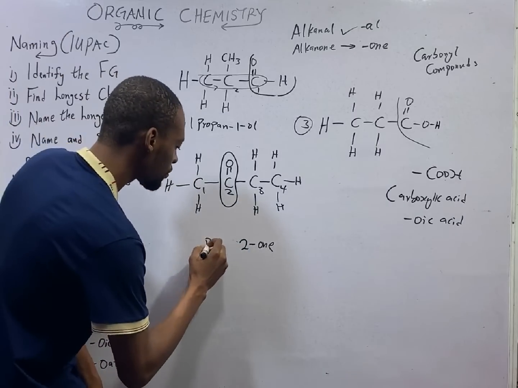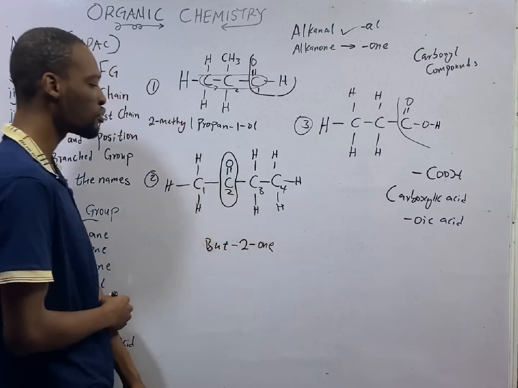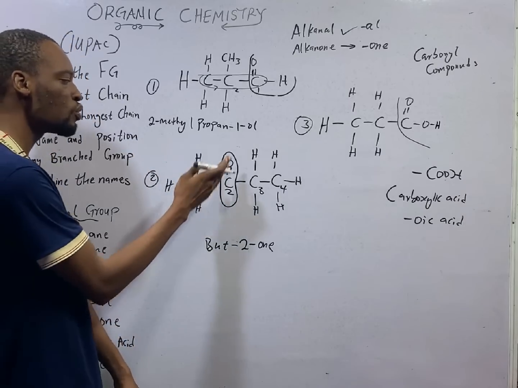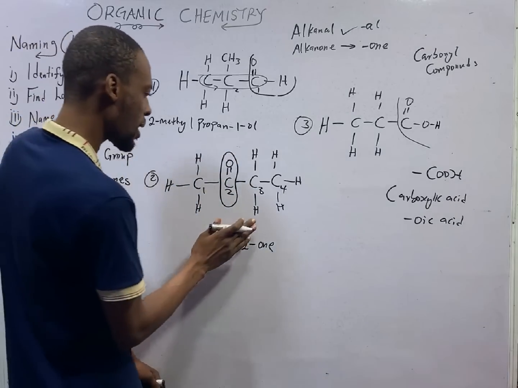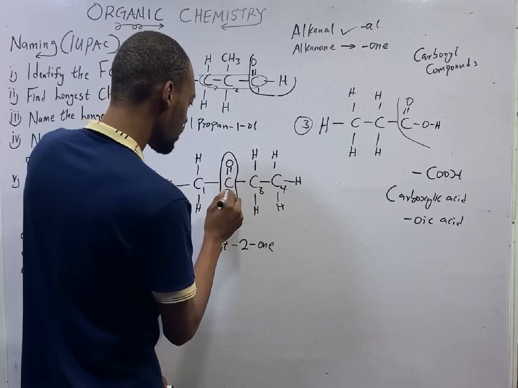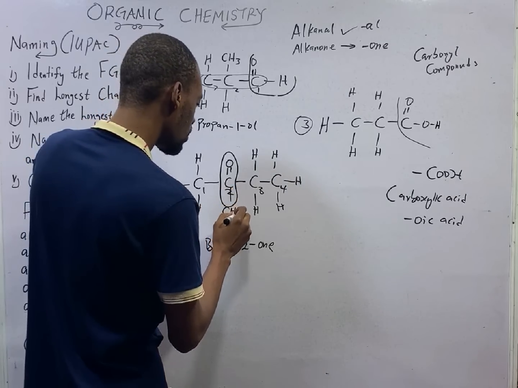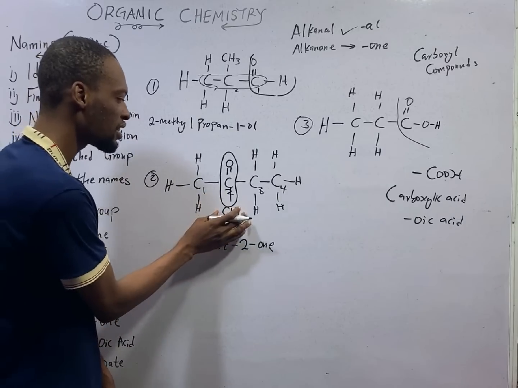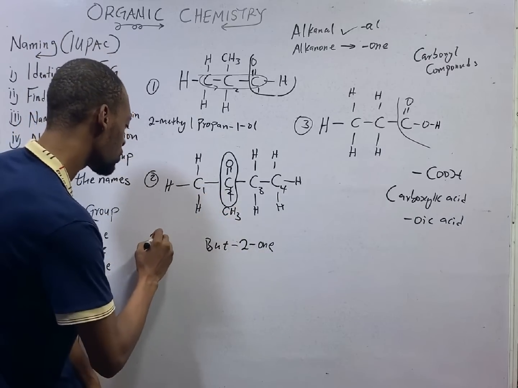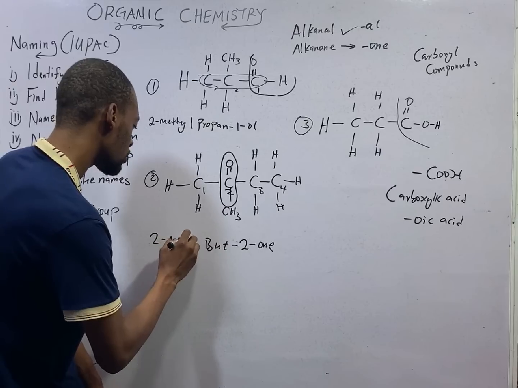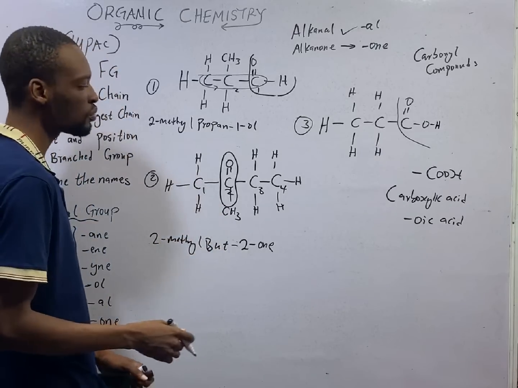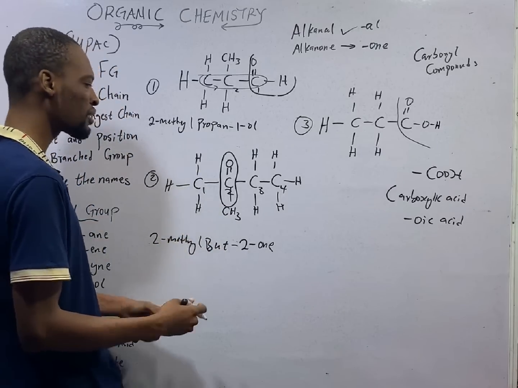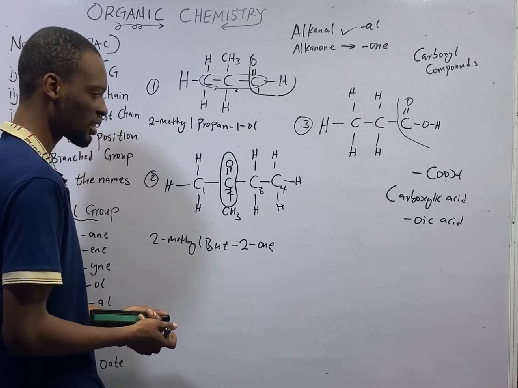So but-2-ol, or butan-2-ol. If there were, let's say, CH3 here or any other carbon, this is carbon 2 and this is a methyl group, that would be 2-methylbutan-2-ol. You can put any other thing that you like.